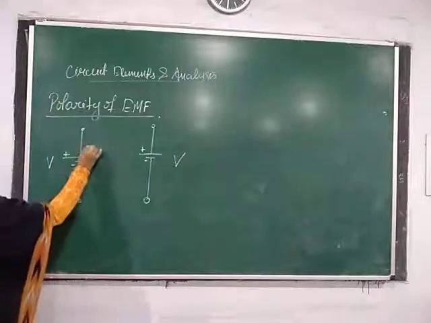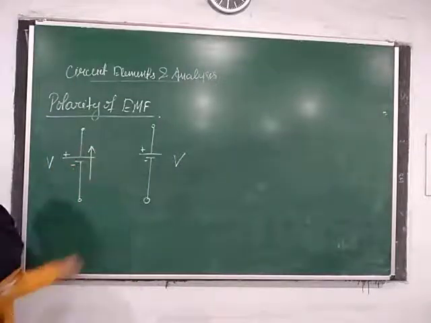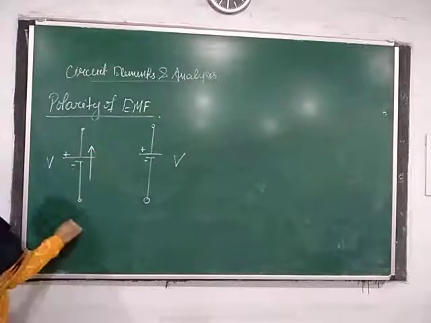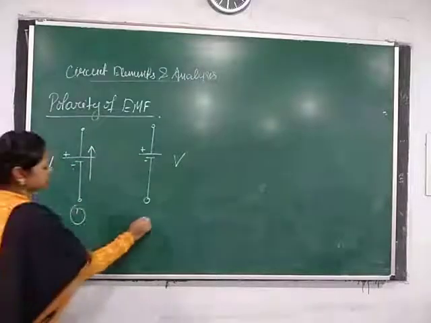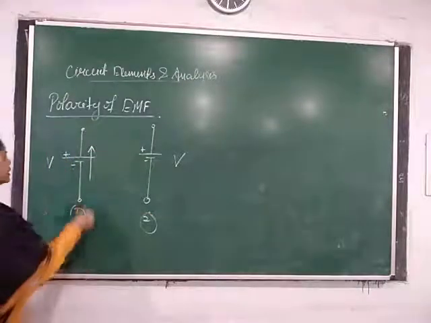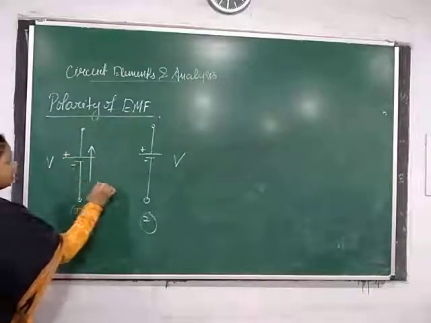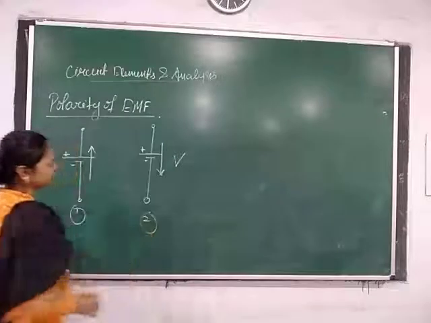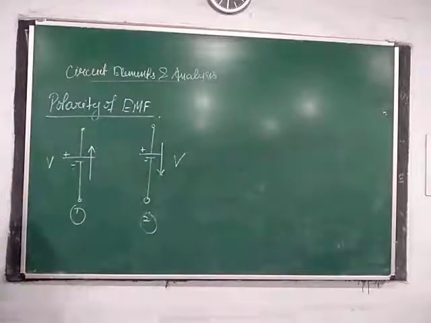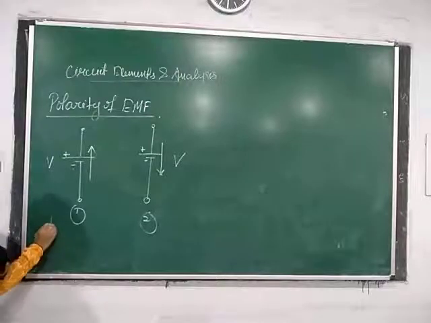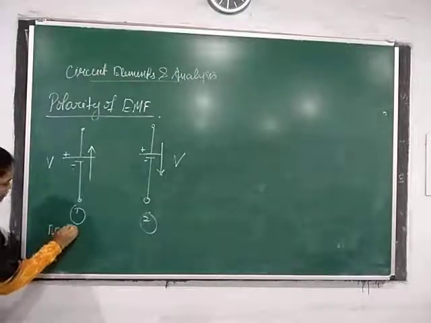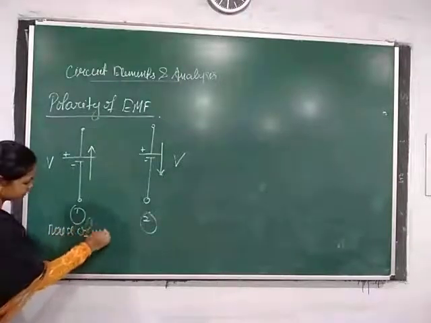If the current flows in one of the batteries, it is battery 1, and this is the second type. Here the current flows from negative to positive and here from positive to negative. In this case, it is called rise of voltage.